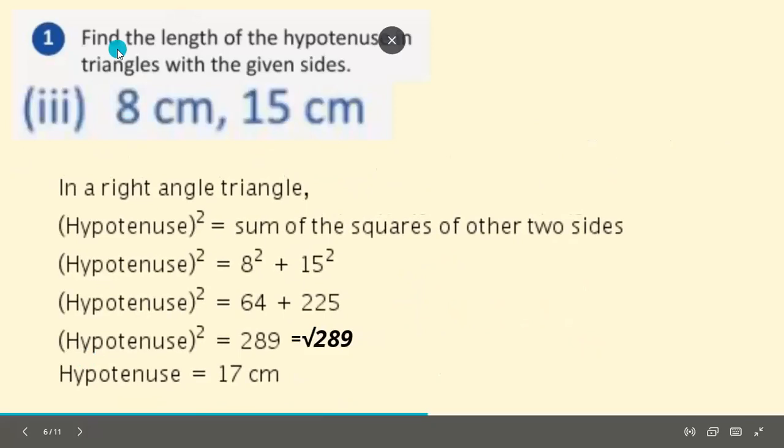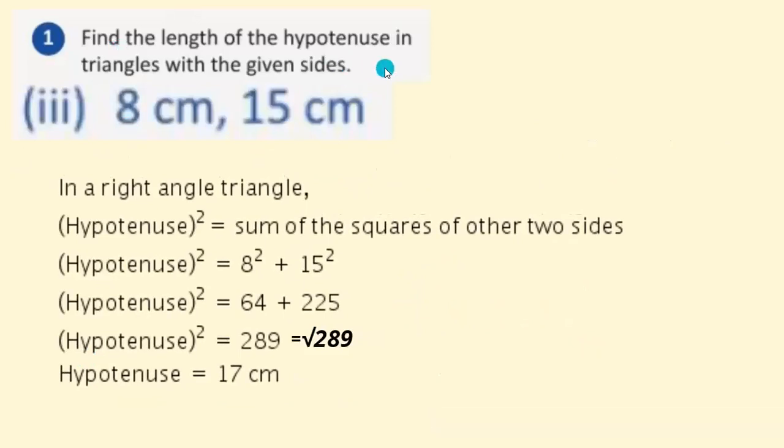Here, exercise 11.2. Find the length of the hypotenuse in triangles with given sides. Two sides are given, and you have to find the third side, that is the hypotenuse. Using the Pythagoras theorem, the hypotenuse squared is equal to the sum of the squares of the other two sides. So it is hypotenuse squared equals 8 squared plus 15 squared. 8 squared is 64 plus 15 squared, that is 15 into 15, which is 225.